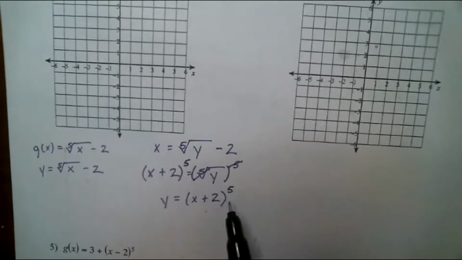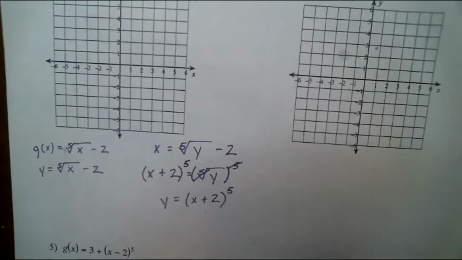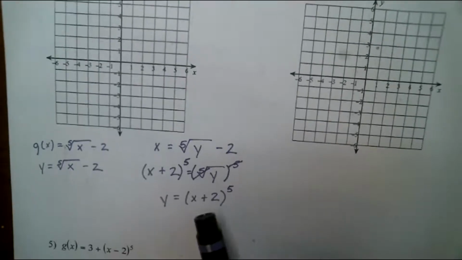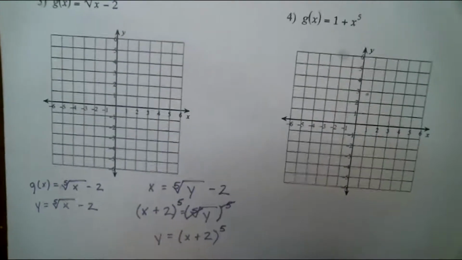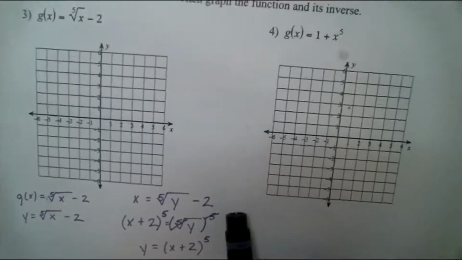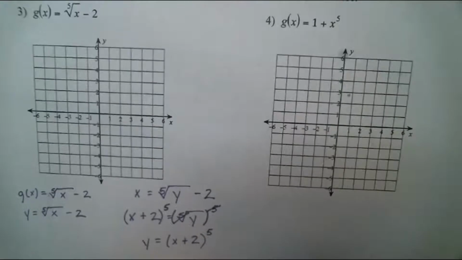Now, I know a lot of you are thinking, oh my goodness, do we have to do the triangle that we did in class to do x plus 2 to the 5th? We actually don't have to. We can graph that without getting it into a polynomial.